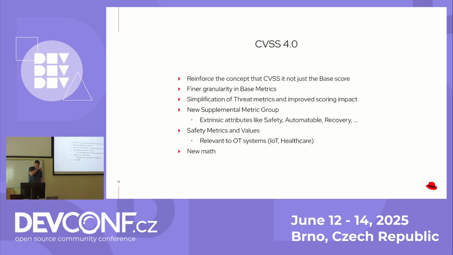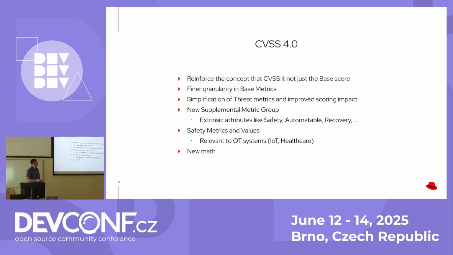It also adds some new ideas about how automatable the exploiting of this vulnerability is, and, for example, even the complexity of recovery. Is it an automatable recovery, or does it need to be manual, and things like that.